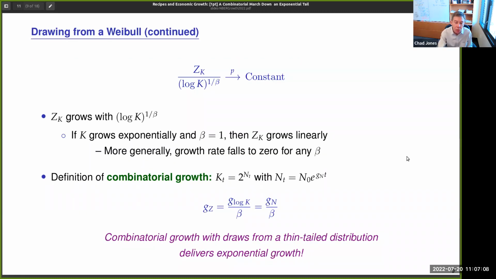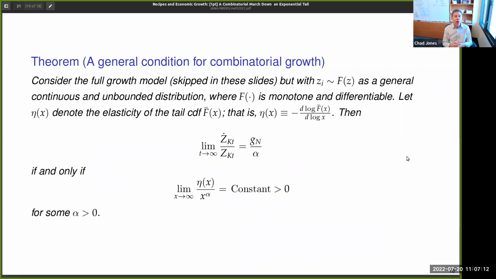All right. So you might ask, what happens if you draw from other distributions? And so the next result in the paper, well, I'm skipping over the growth model. So you can take this sort of insight and embed it in a growth model like Kortum 97, except you're drawing from a Weibull distribution instead of a Pareto distribution, and you've got a combinatorial growth model instead of an exponential growth model for the number of draws.